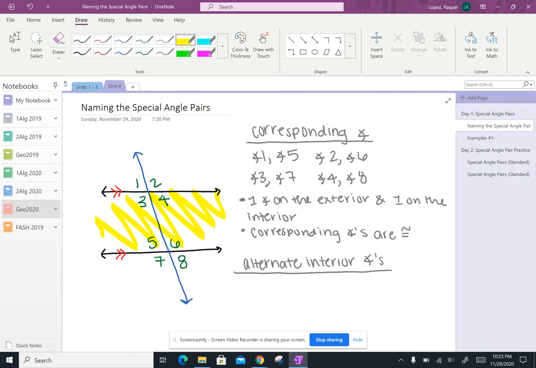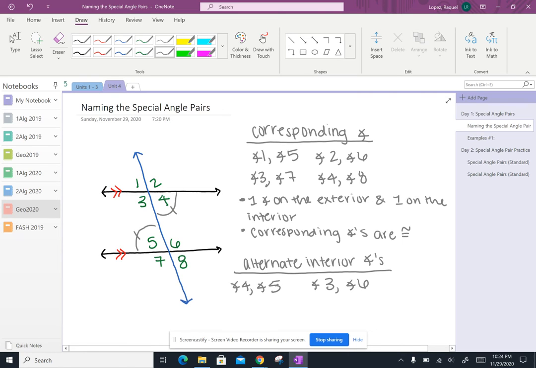Alternate means that we are alternating sides of the transversal, so you're going to have one on both sides of the transversal. A pair of alternate interior angles are angles like 4 and 5. So angles 4 and 5, those are alternate interior. And then the other pair is angle 3 and angle 6. Another note about alternate interior angles is that they are congruent.